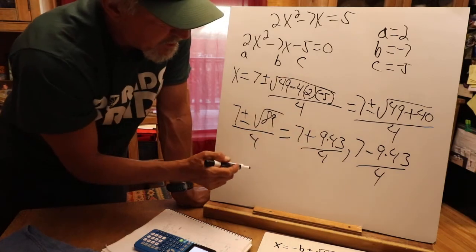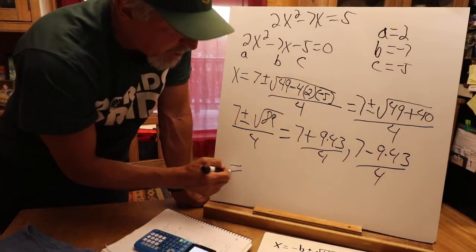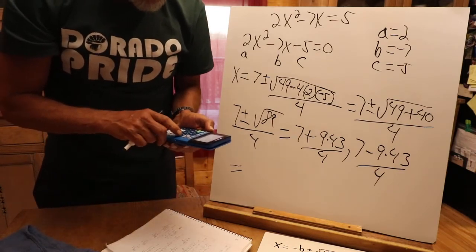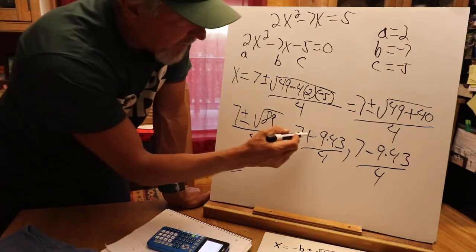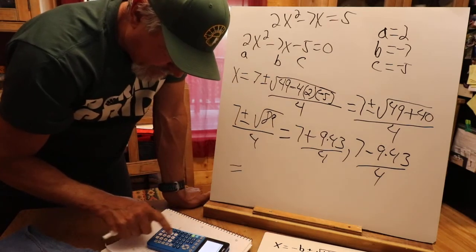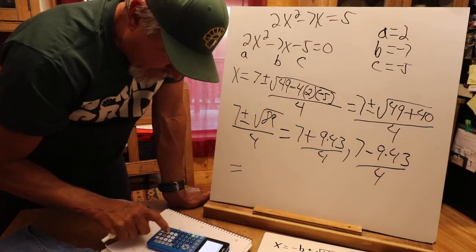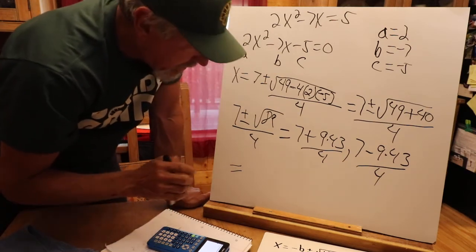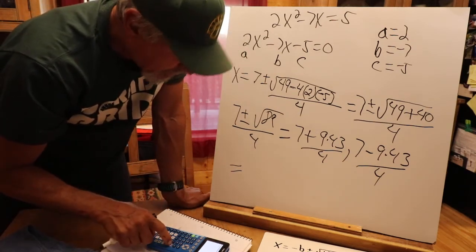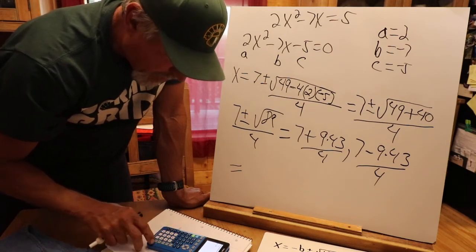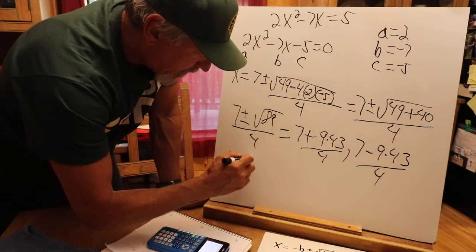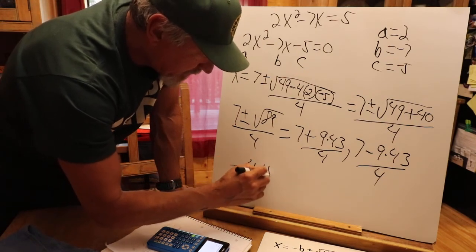Now I'm going to do the rest of the math, and my final answers are what you're going to find on your ALEX quiz in your choices. So I'm going to do 7 plus 9.43. That gives me 16.43, and I'm going to divide that answer by 4, and I get 4.11 when I round it off to 2 decimal places.